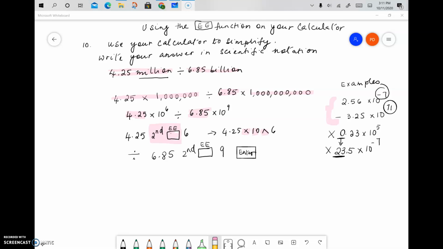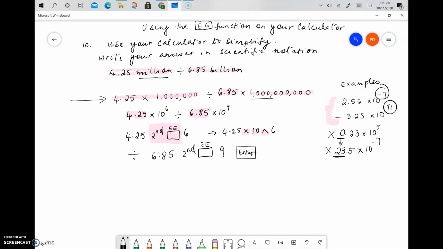So we have to divide two numbers here, 4.25 million divided by 6.85 billion. So 4.25 million is, a million is 1 followed by 6 zeros. So it's 4.25 times 1,000,000 divided by 6.85 billion.